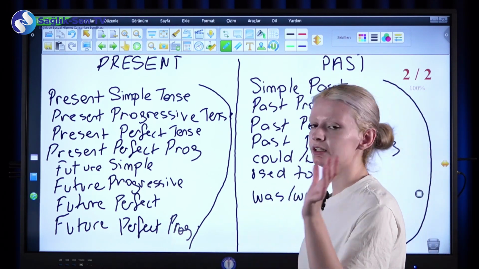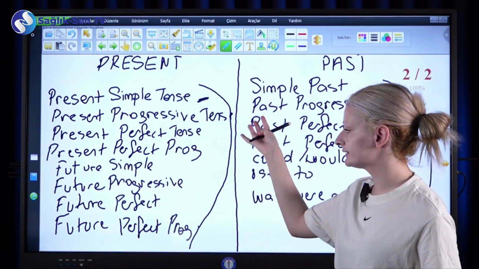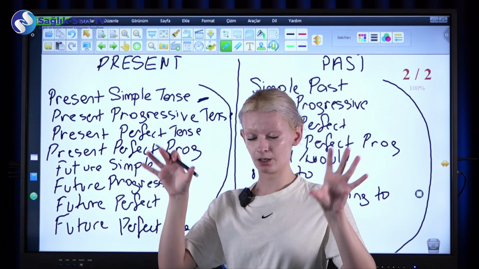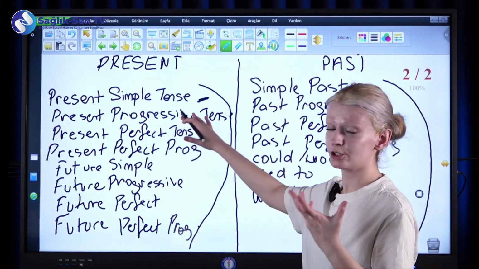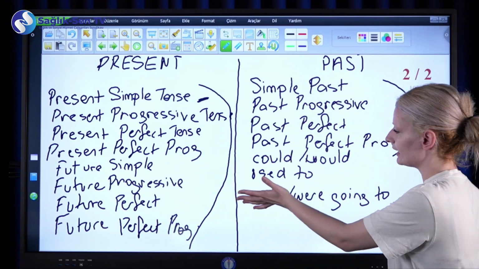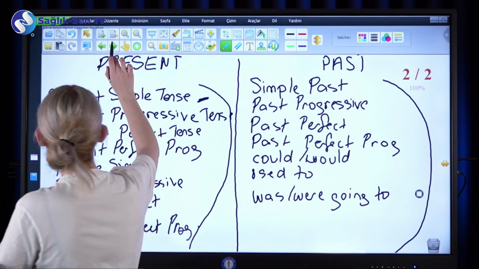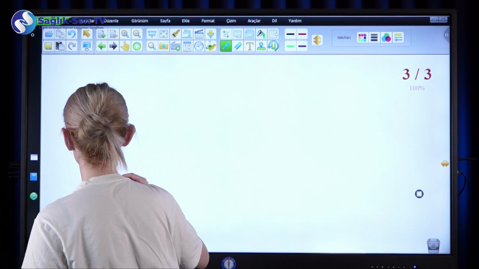If, let's say, the first sentence consists of present simple, then the second one in our combined sentence also needs to have a tense from this family. The same thing applies for past. Let's quickly and briefly remember our tenses.